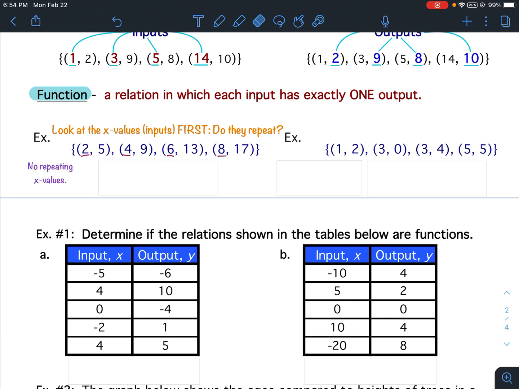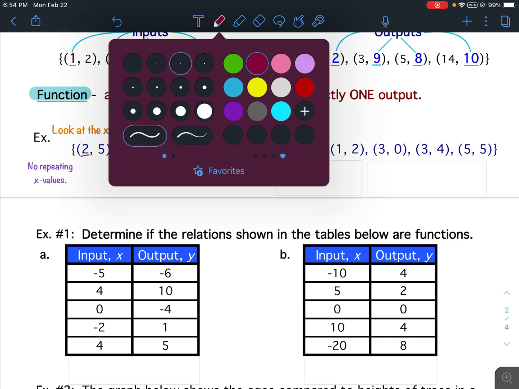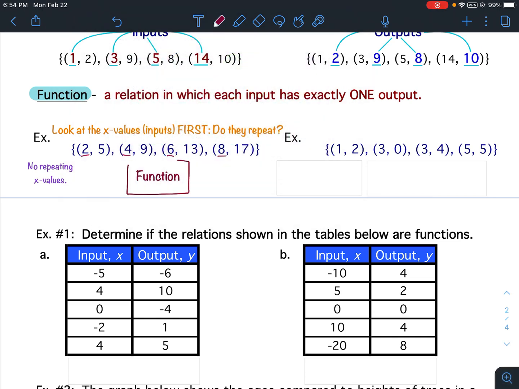No, they do not. So because there are no repeating x values, this is automatically a function. Pause your video and get that written down. Again, because there are no repeating x values, it's automatically a function.